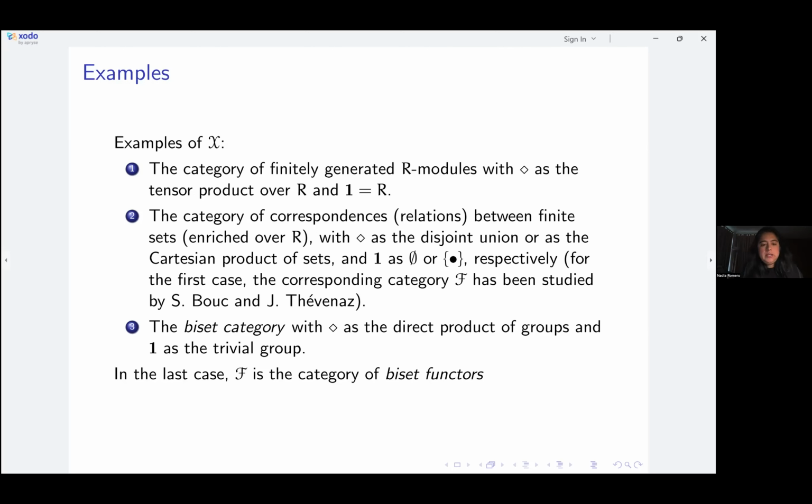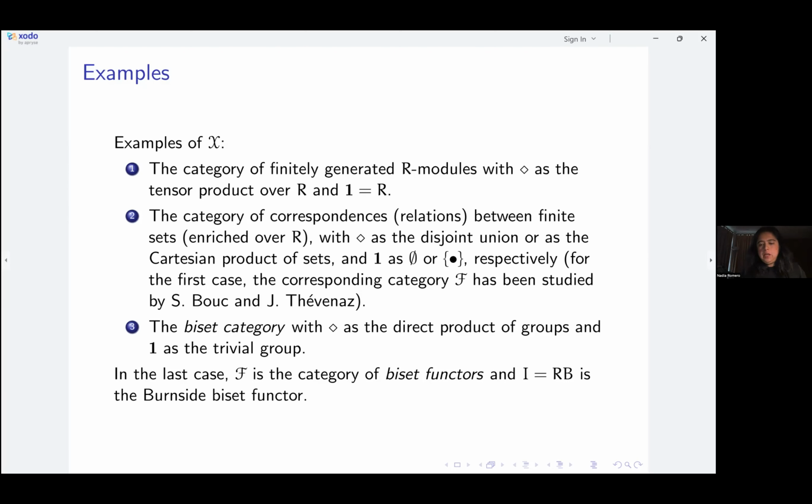And so in this case, the corresponding category of functors is called the category of biset functors, and it has also been studied a lot in recent years. It has proven to be a useful tool when working with the representations of finite groups. So that's why we were interested in this. And in this case, the identity functor that we mentioned before is precisely the Burnside biset functor.